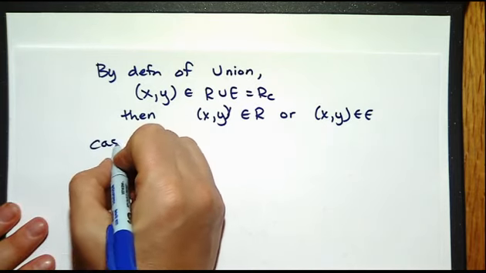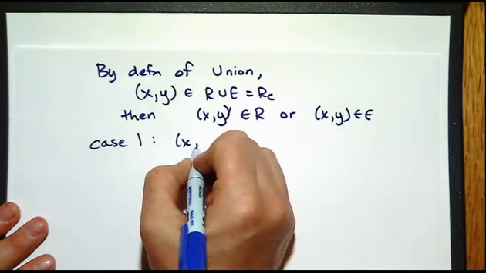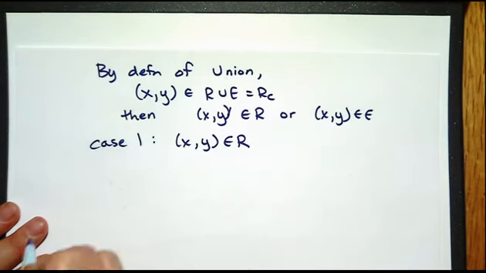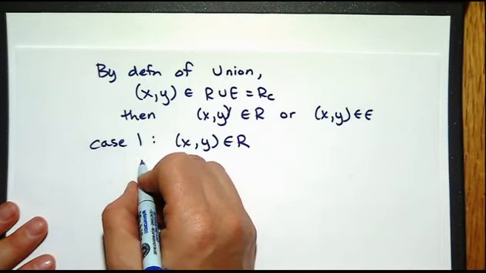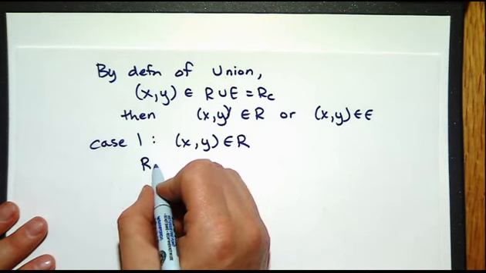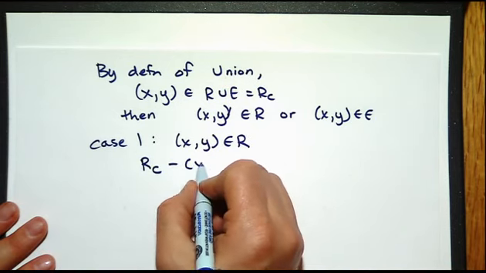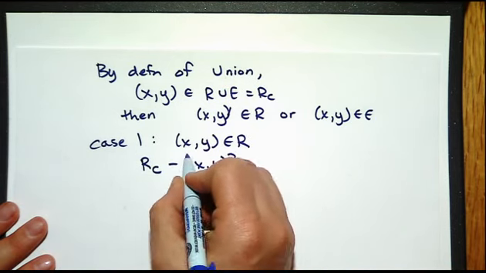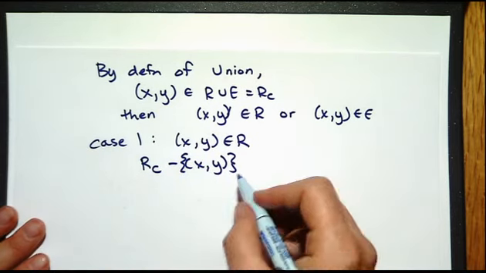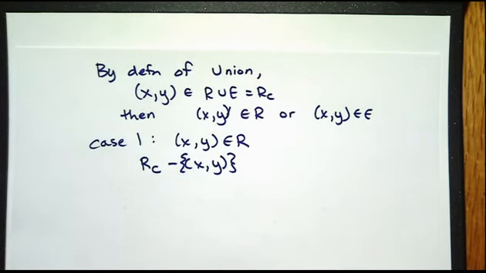Okay, so case one, we will look at xy was in R. If I take RC and I take out xy, then that point xy is no longer in the closure. And that means that R has a point in it that the closure doesn't have. And that's wrong. That's a contradiction.